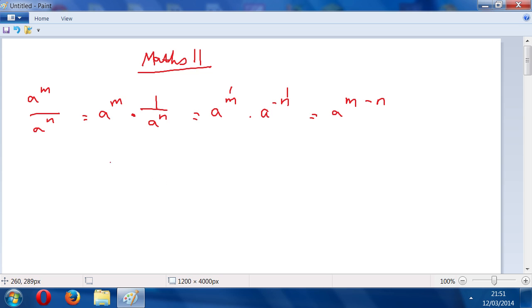And you can also do another route here. We can say that's 1 over a to the minus m times 1 over a to the n.